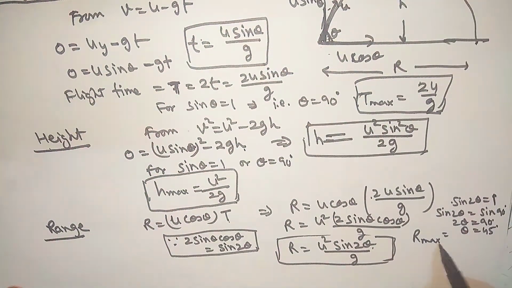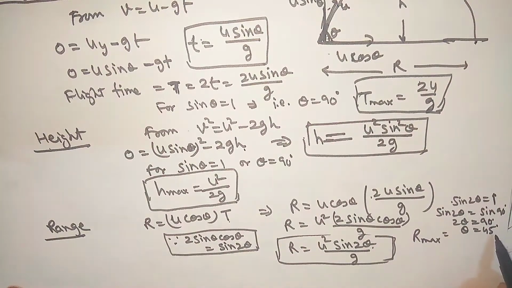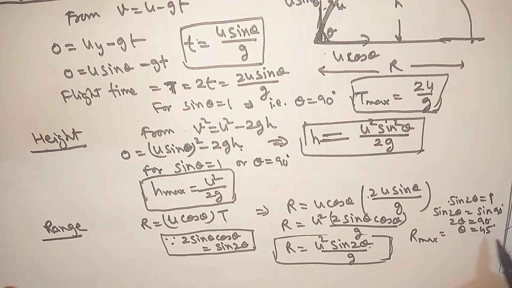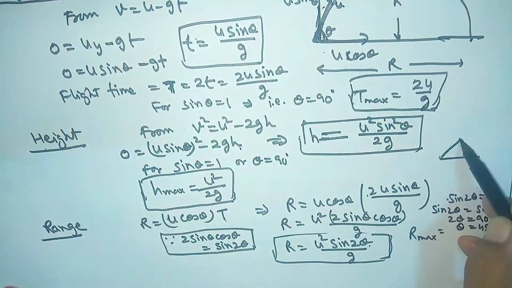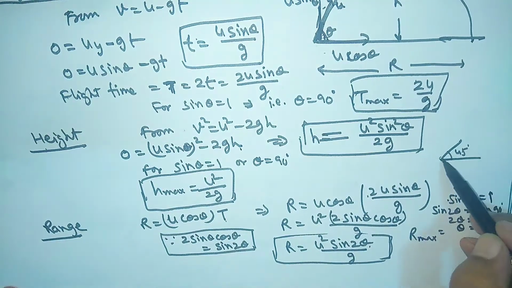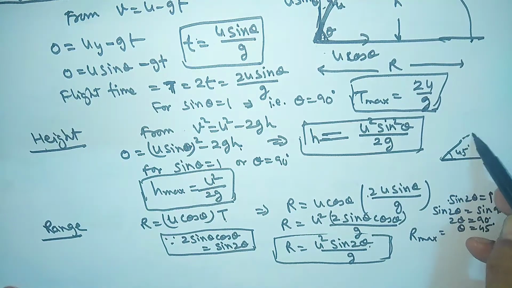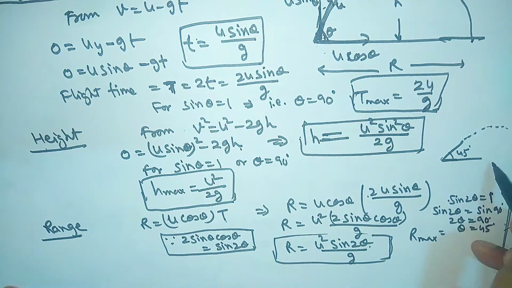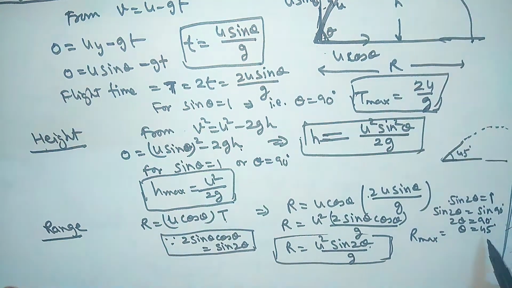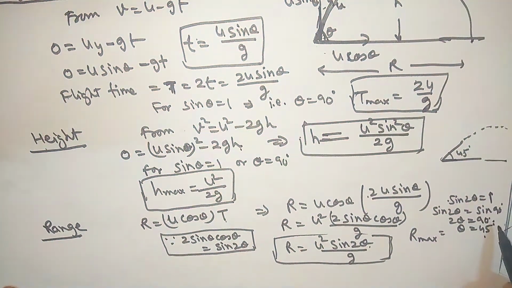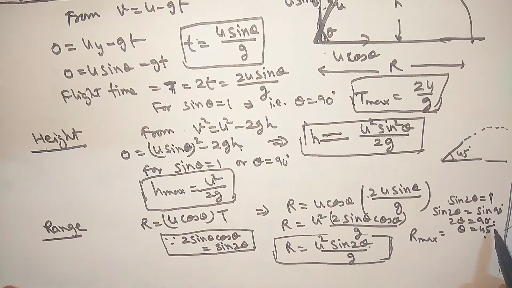So r will be maximum when theta is equal to 45 degree. It means if we throw the body at 45 degree from the ground, the body will cover the maximum horizontal distance r. I think it is clear.